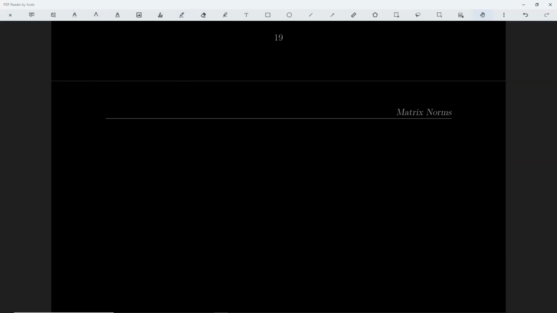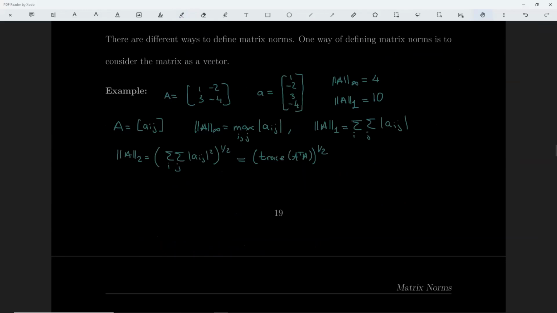By the way, you can also show that this definition is equal to that definition, by verifying the individual terms.